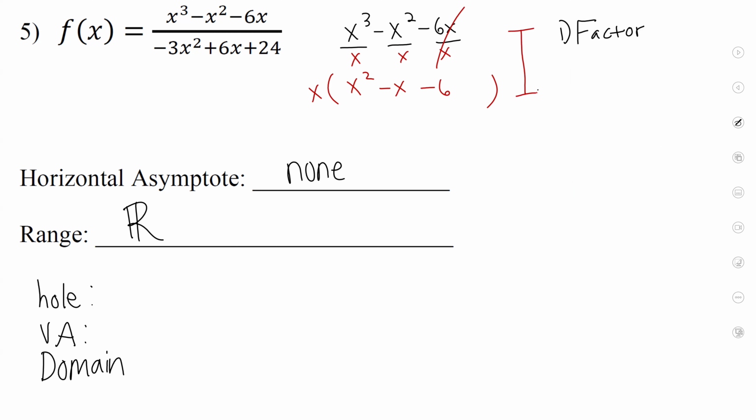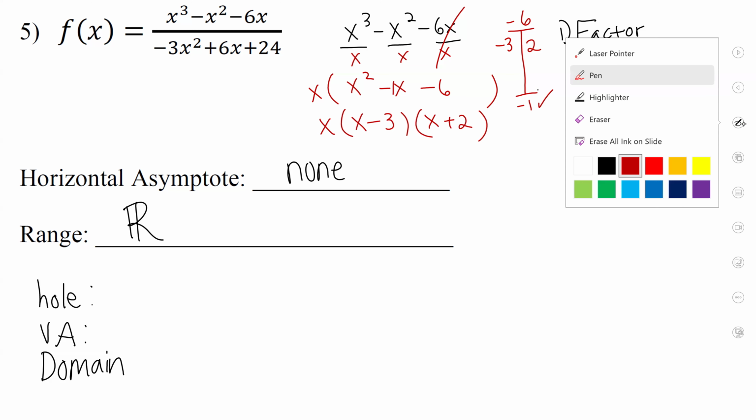We couldn't jump in at the eye chart first. Now we can. I need 2 numbers that multiply to -6 and also add to give me -1. Perfect. So these are your factors: x minus 3 and x plus 2.